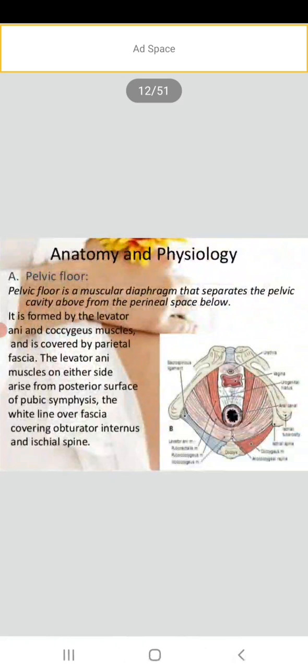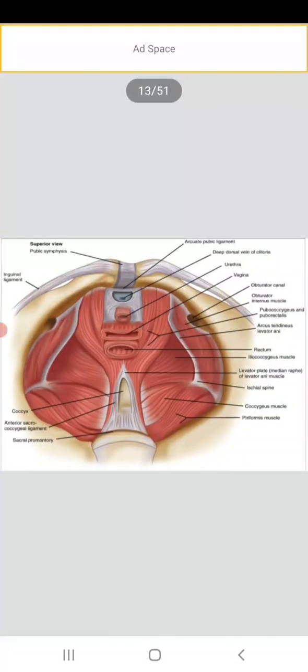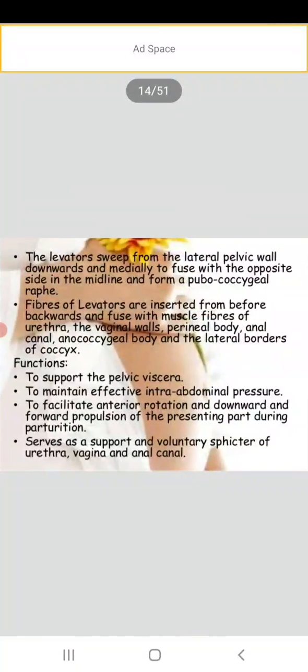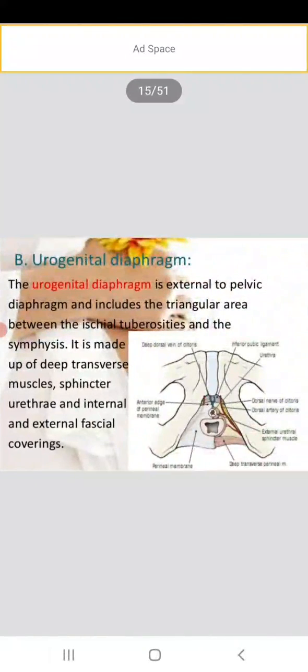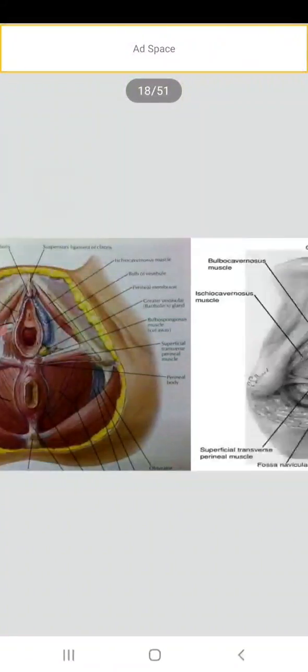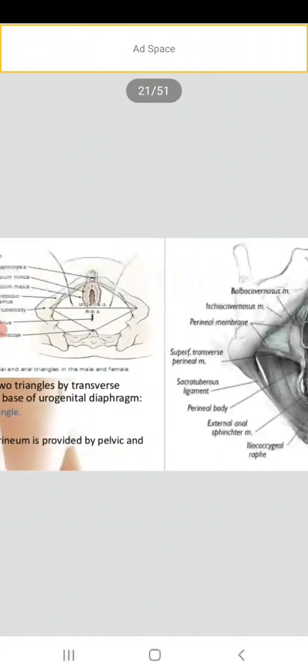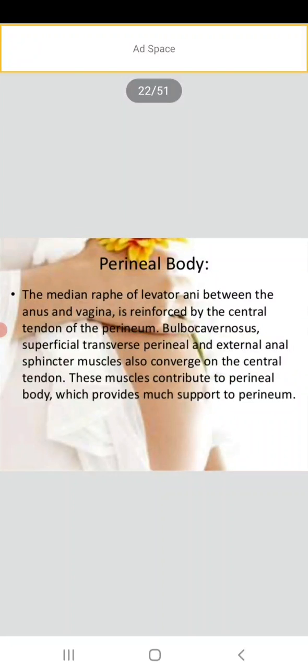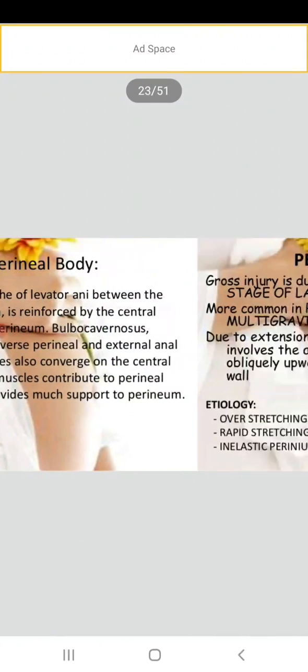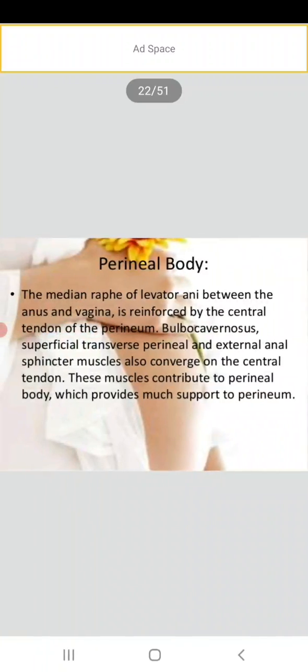You may read and understand all these slides. The urogenital diaphragm is there, and these are the figures showing how the perineum is diamond shaped, how it looks, and then the perineal body and the extension muscles to the vagina.